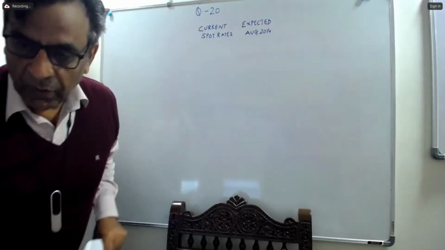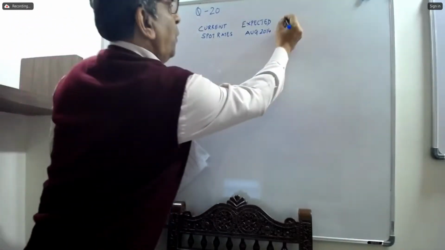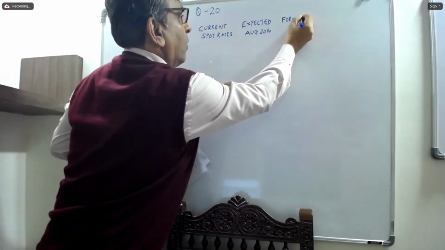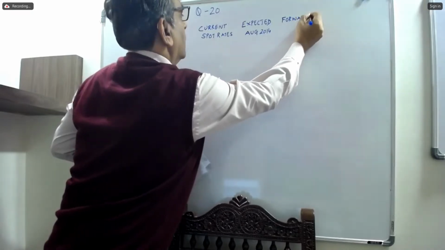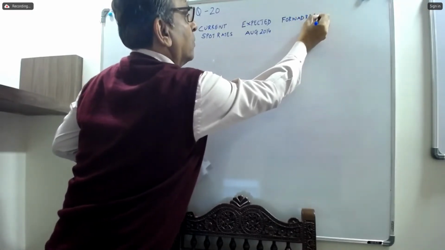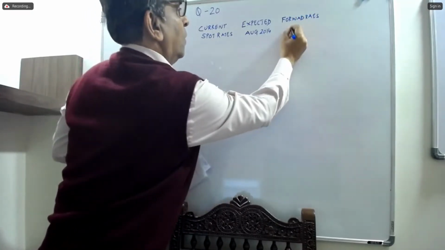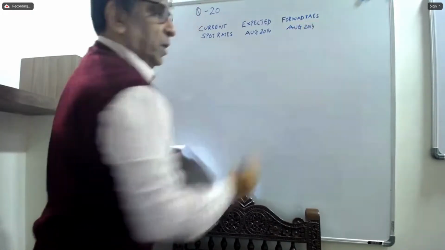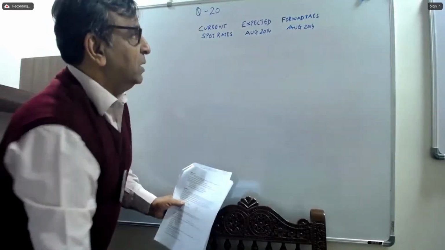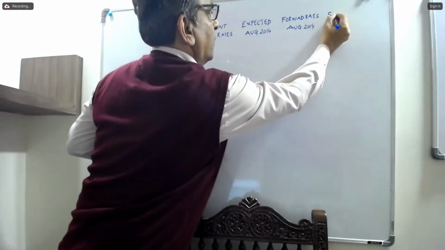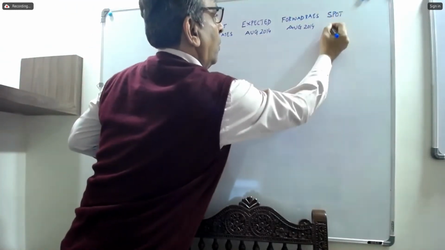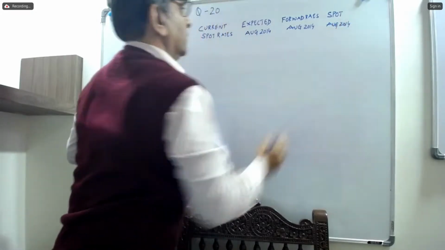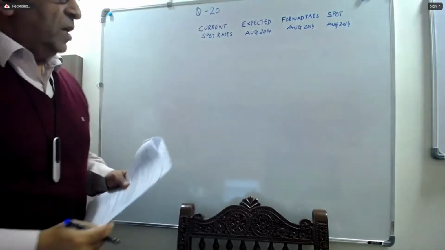Then the forward rates are also given, for August 2014. And finally, the spot rate is given on August 2014. So 4 kinds of rates are given.